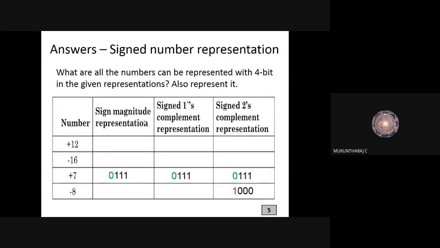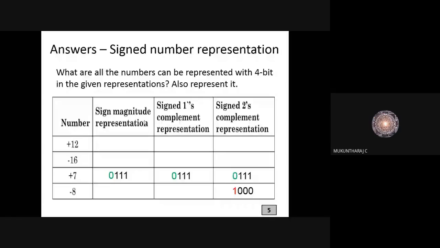Then the corresponding data. How can we represent plus 7 and minus 7? This is the answer. Since plus 7 is a positive number, the signed magnitude representation has the digits 0, 1, 1, 1. Similarly, signed ones complement and signed twos complement are also represented with the same bits, 0, 1, 1, 1.